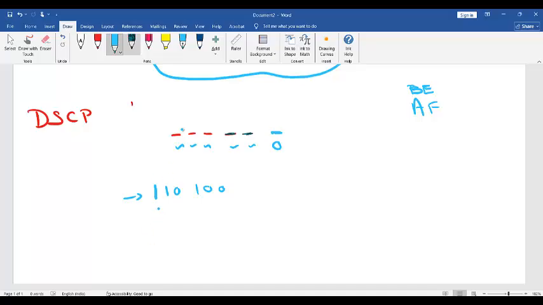Now, what is the value of this one? 6. What is the value of this one? Please try answering. This is 6. What is the value of this one? We'll say 4, right?